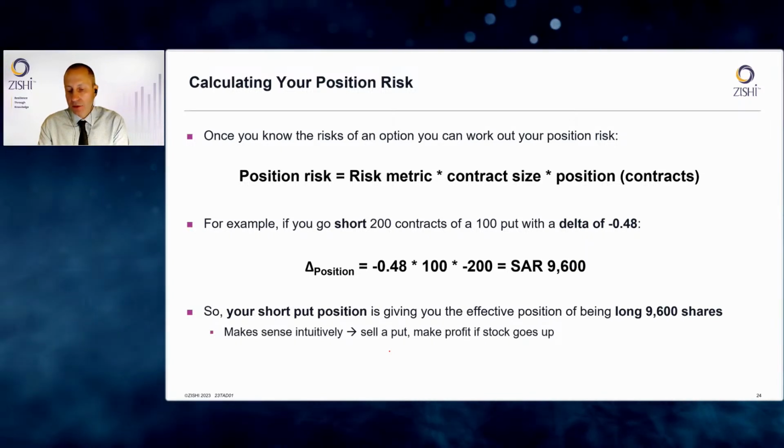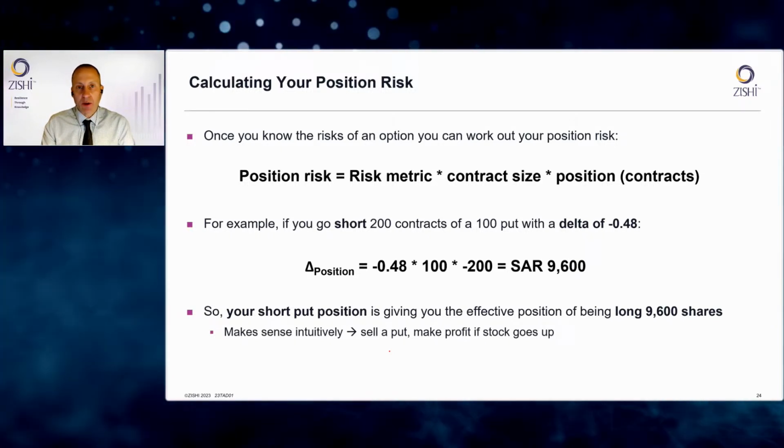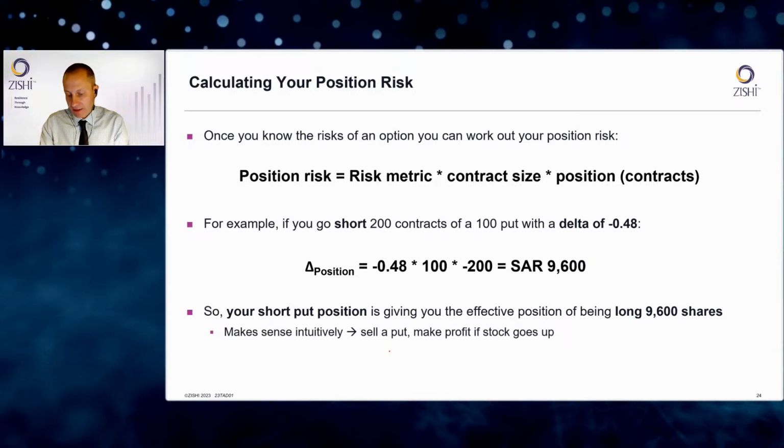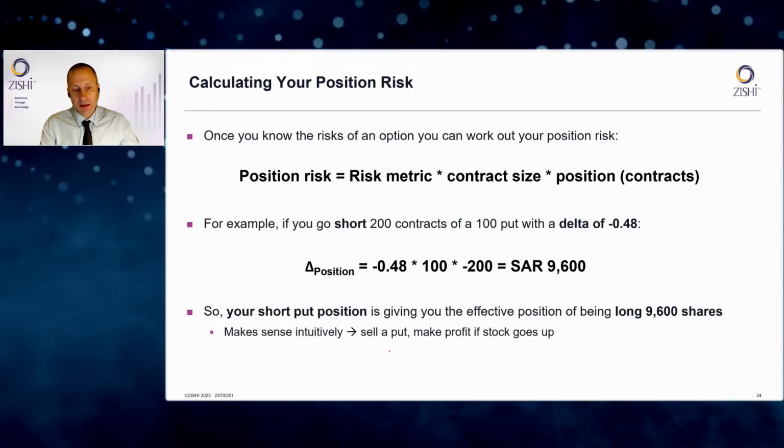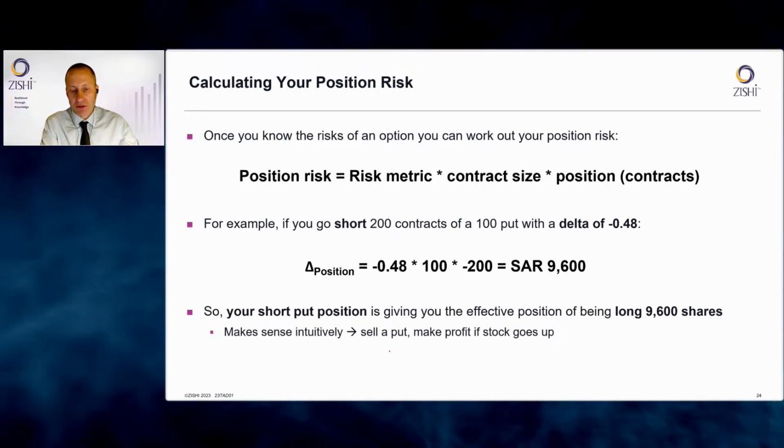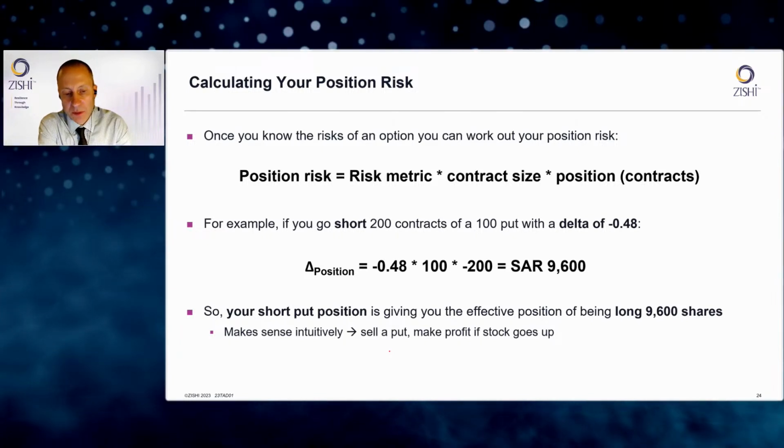Okay, so I told you that we could calculate our position risk, and I did it in Excel. This is how we do it in terms of the formula on the slide.